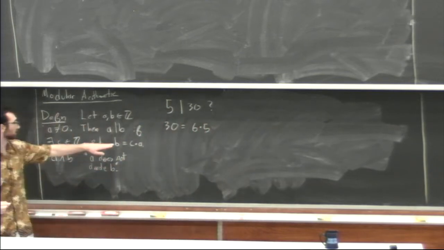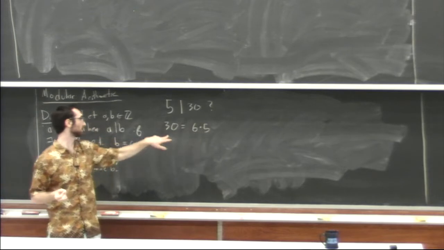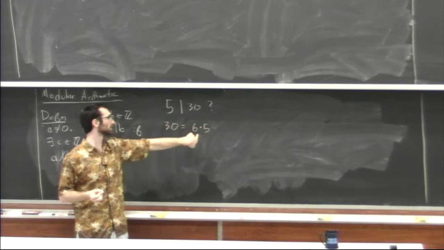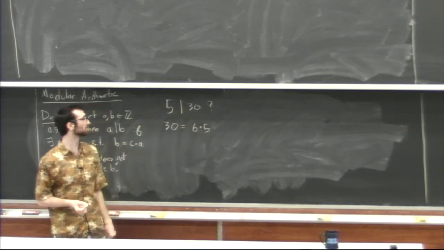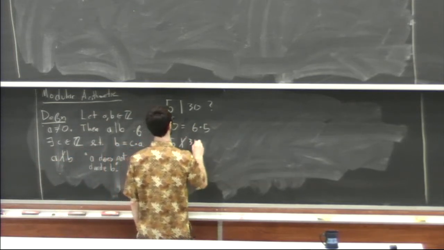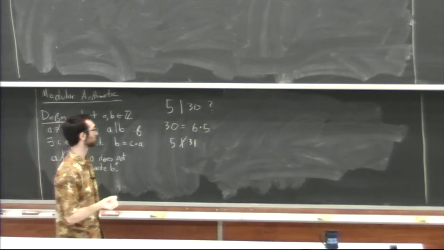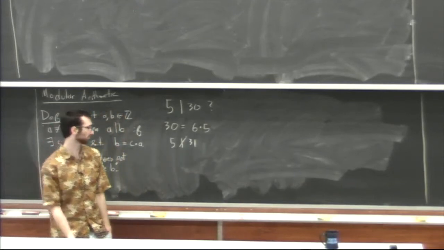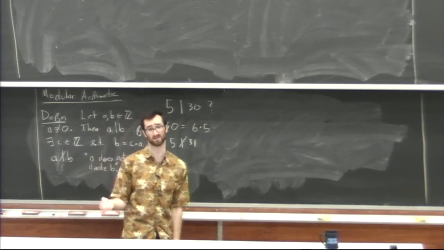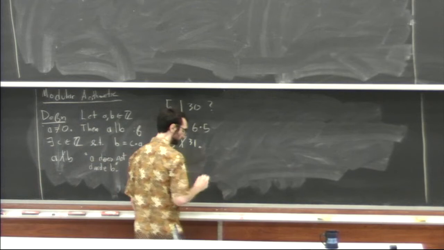So the C that I found is 6, such that B, namely 30, is equal to 5 times a particular integer. And moreover, 5 does not divide 31, because there's no integer such that 5 times that integer is equal to 31. In other words, 31 over 5 is a rational number, but not an integer.